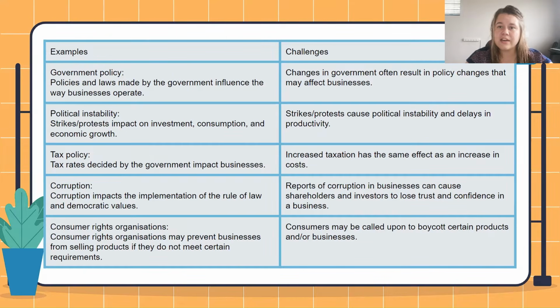If the consumers find out that the workers are being unfairly treated, or maybe they're being paid lower than the minimum wage, then that's an example where someone could go onto social media and be a whistleblower, and then consumers can boycott that business. So there's another example. And the consumers' rights organization can also get wind of this and, as I mentioned, encourage consumers not to spend money at that business.